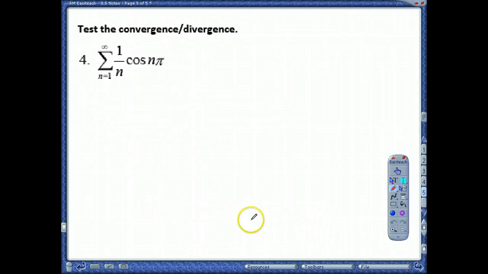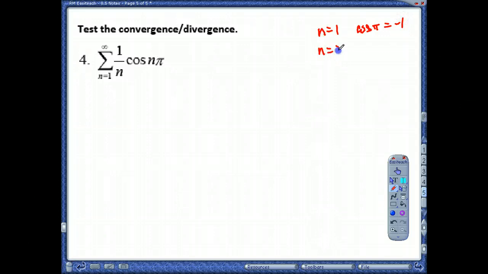Now number 4, when I look at this, it's almost like, well, wait a minute, this doesn't look like an alternating series. But if I put 1 in there, I'm going to have the cosine of pi, which is -1.